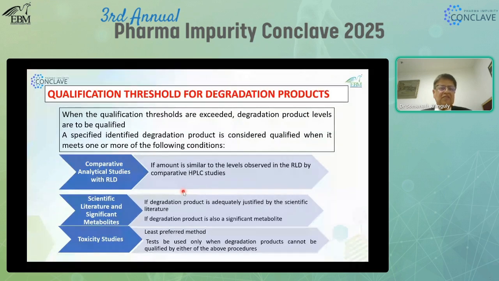If we are not able to justify by these two, then the last stage is the toxicity studies, but it is not preferred because it takes a lot of time and you have to prepare a lot of impurities to do this. Even so, the first two are very important if we are able to manage using these two things.